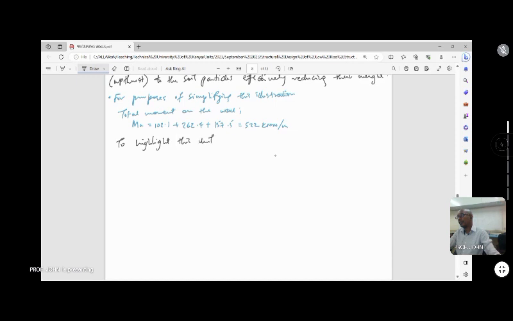Unit, kilonewton meters per meter. What we're considering is a 1 meter width strip of the wall, which we will design, and it will be representative of the whole length of wall.